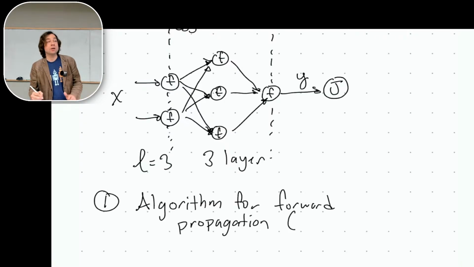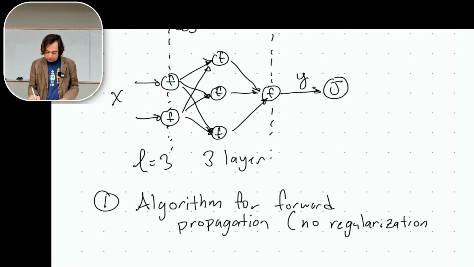I'm just going to put in parentheses, no regularization. We're not talking about regularization yet, just to keep it simple. It's an entire chapter of this textbook, and it's important, but we're going to get the concept across without it today.